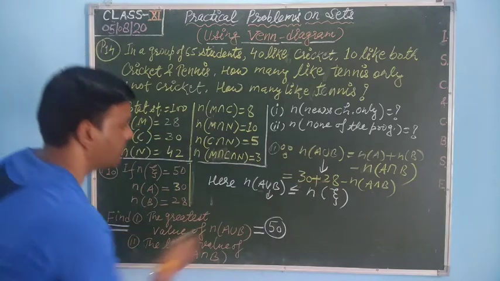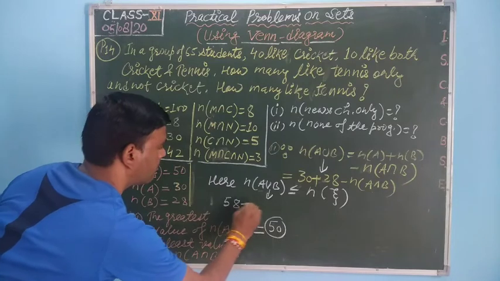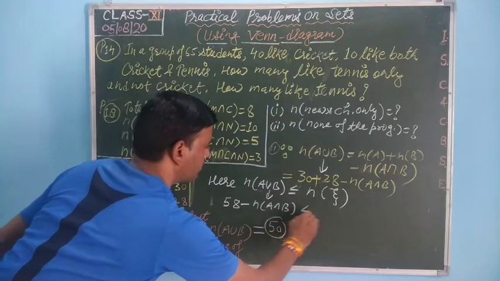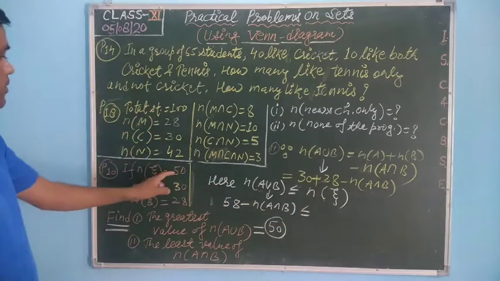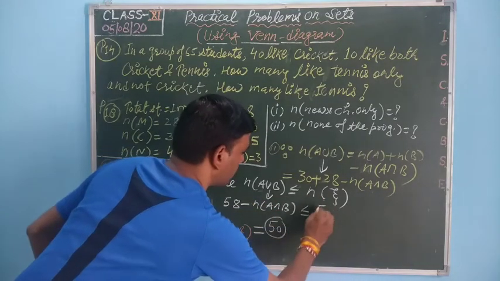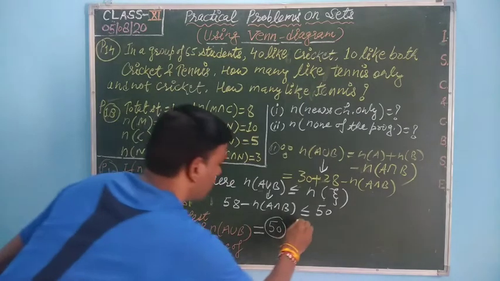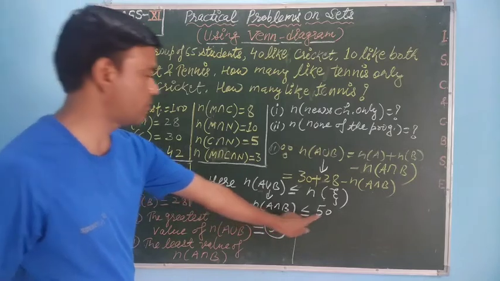So here we get 30 plus 28, that is 58. 58 minus n(A intersection B) is less than or equal to the number of elements in the universal set, that is 50.